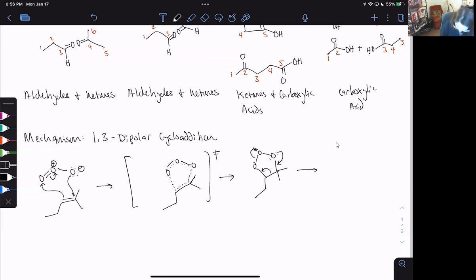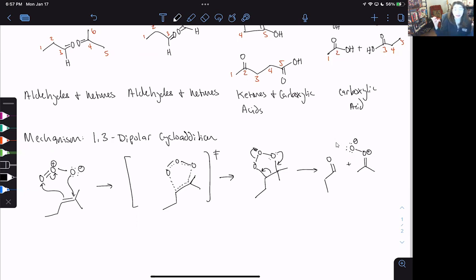All right, and then that's going to give us that aldehyde and another dipole. Okay, so again, we have a situation where we can have resonance. So we can have it delocalized between an oxygen and a carbon in this case.